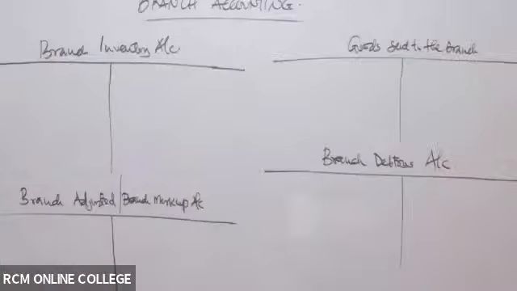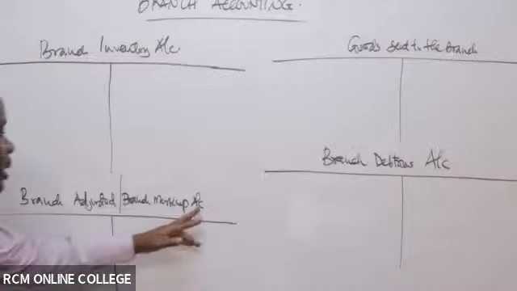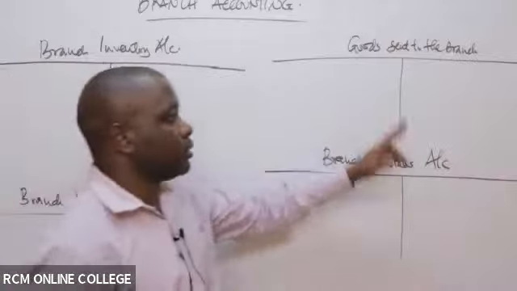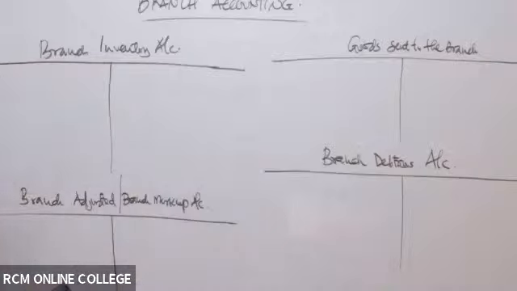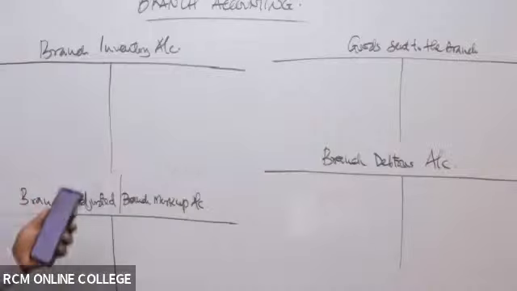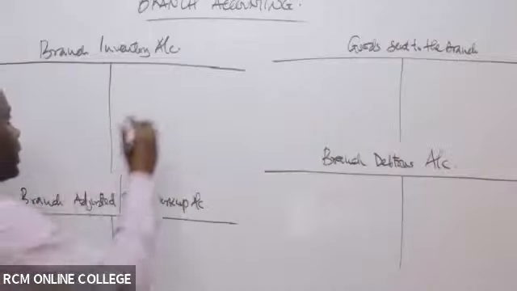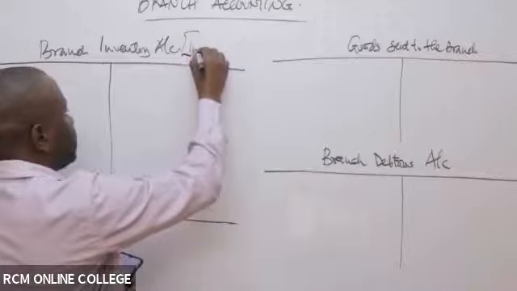So you have the branch inventory account, the branch adjusted or markup account, the goods sent to the branch, and then the branch debtors account. So this branch inventory account, we prepare it at the invoice price.